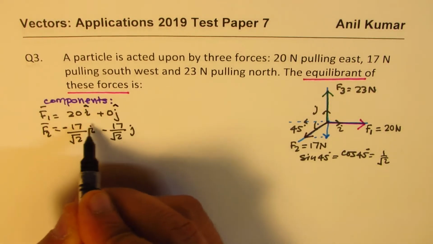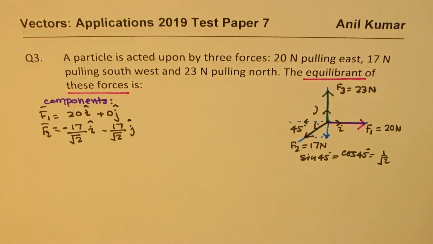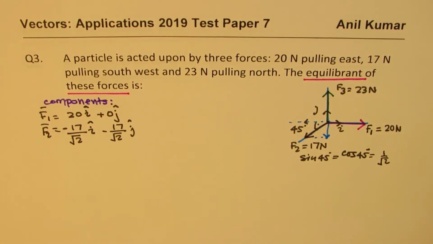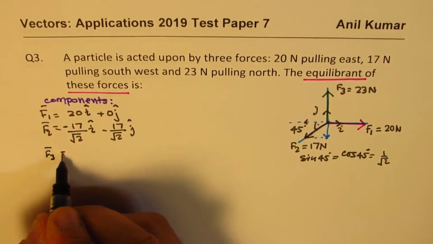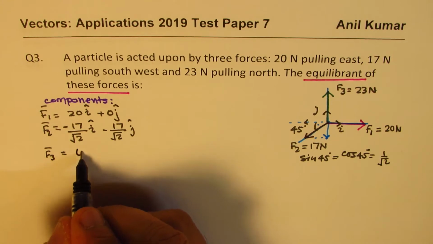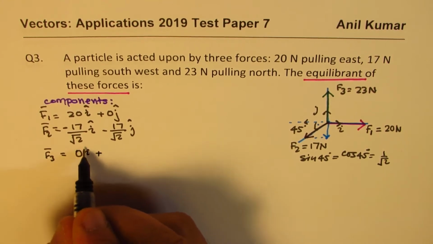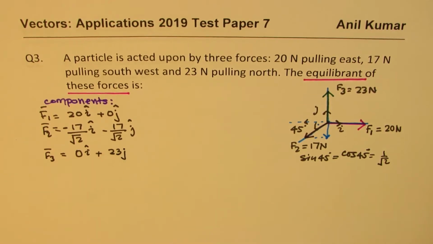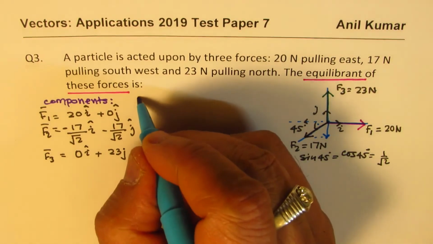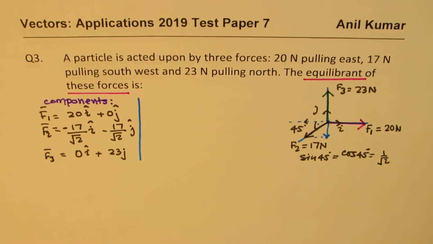So I and j are unit components, unit directions, x and y directions, right? Unit vectors. F3 is north, which will take as j. So 0 along I plus 23 along j. Is that clear? So that is how we could resolve them into our components.